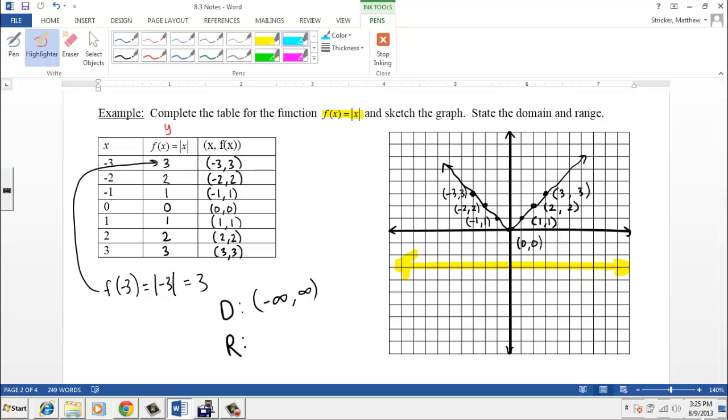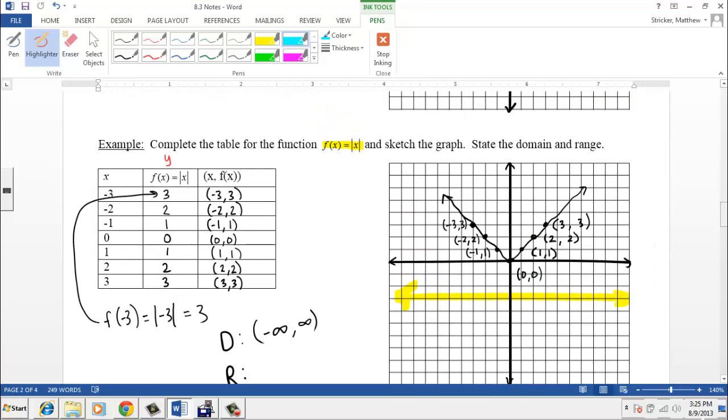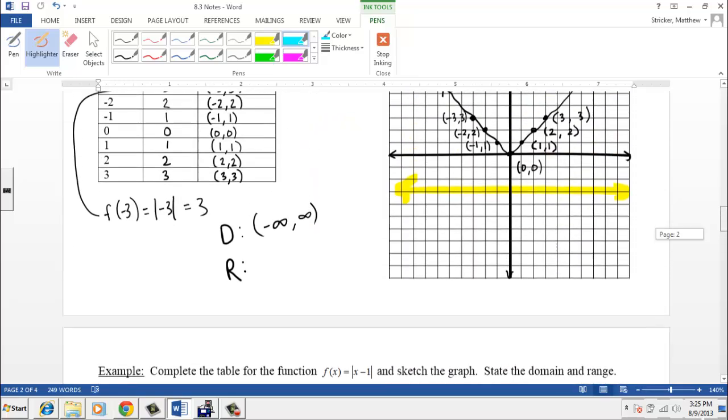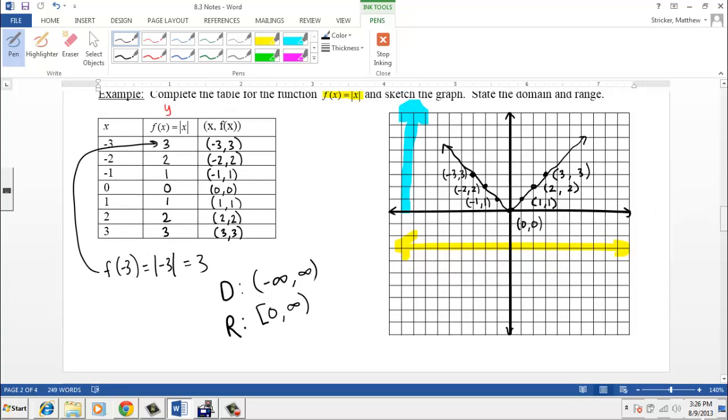However, we are limited for the range. There are no points that go below the x-axis, and so the range is only the positive y values. So this is going to look like 0 to +infinity for the range.